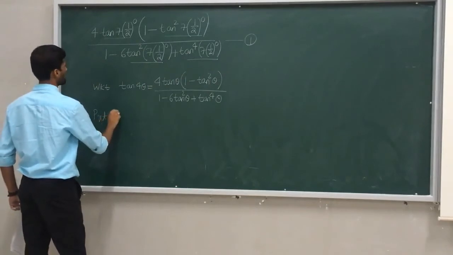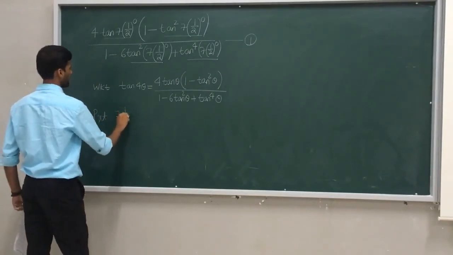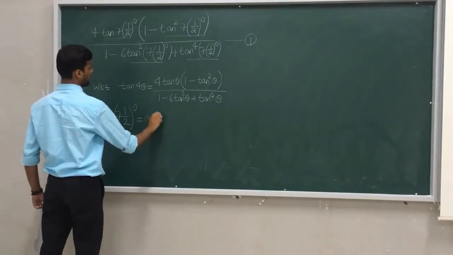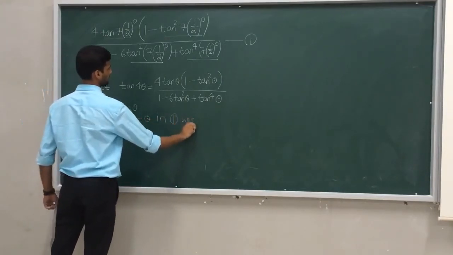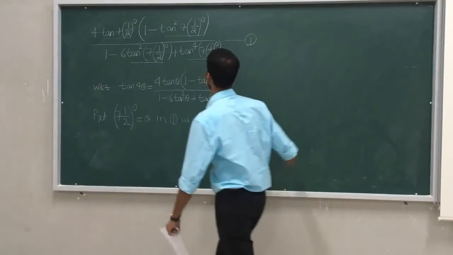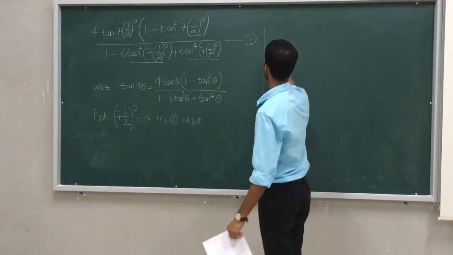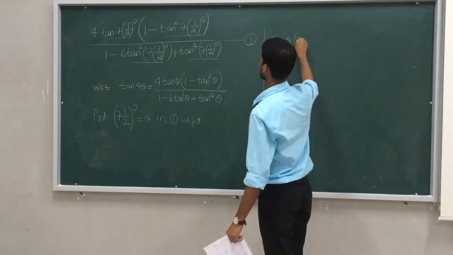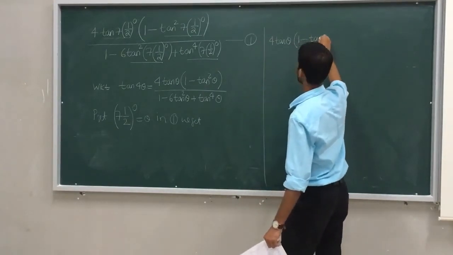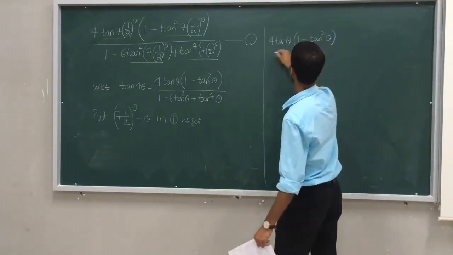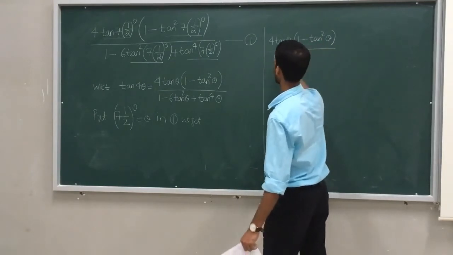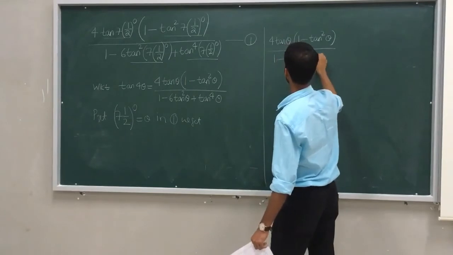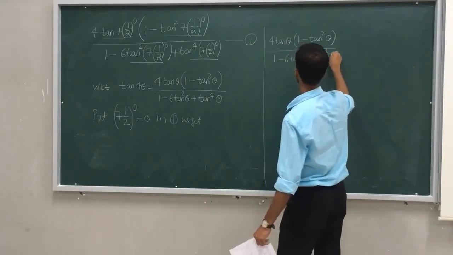Put 7.5 degree as theta in equation 1. We get 4 times tan theta times 1 minus tan square theta divided by 1 minus 6 tan square theta plus tan raised to 4 theta.